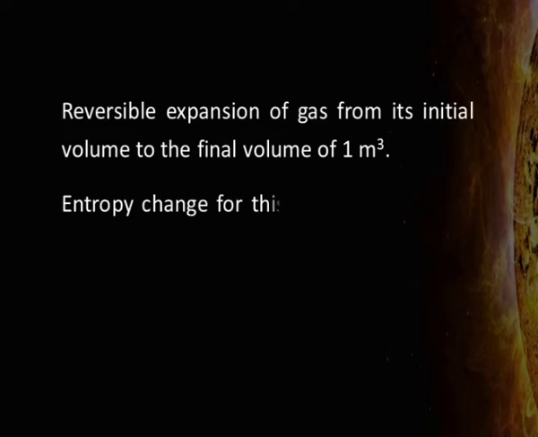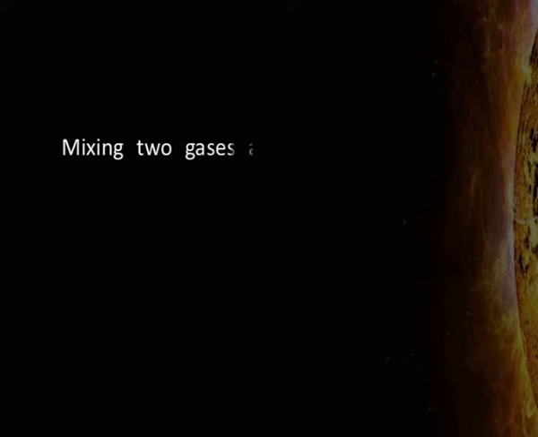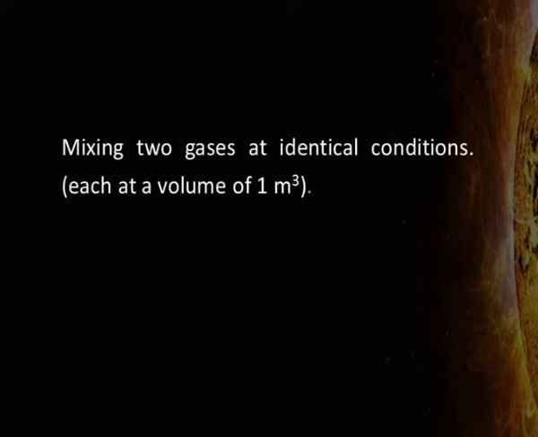Entropy change for this process is given by the equation dS equal to nR natural log V2 divided by V1, where V2 is the final volume, which is 1 meter cube, and V1 will be the initial volume for both the individual gases. The second step will be the mixing of two gases at identical conditions of temperature and of volume equal to 1 meter cube.